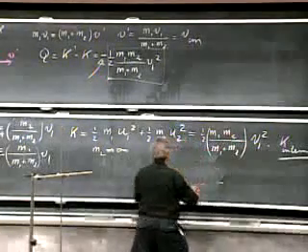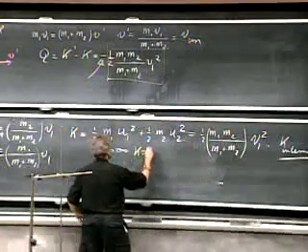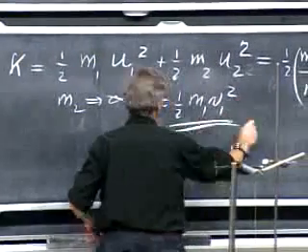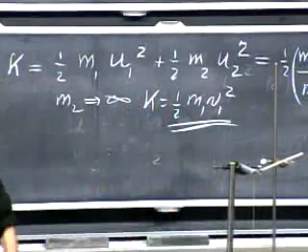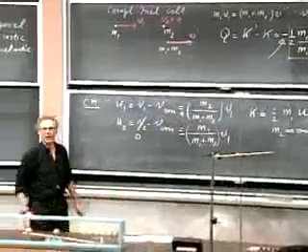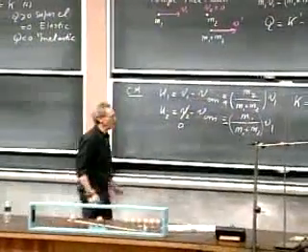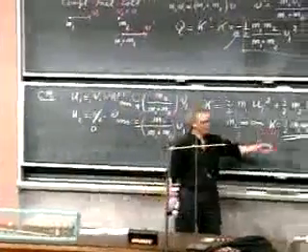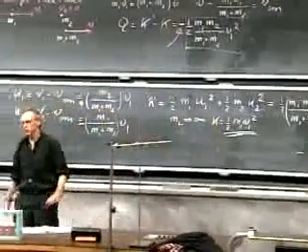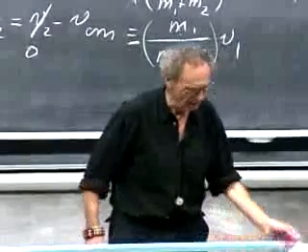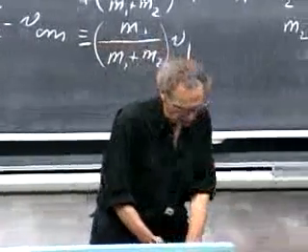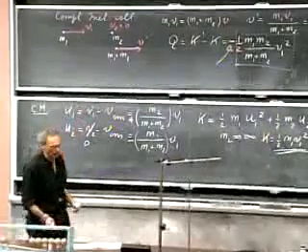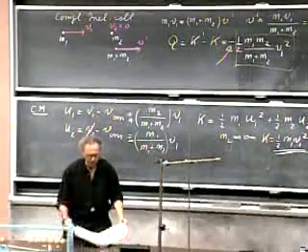You get 1/2 M1 V1 squared. And that's obvious. That's completely trivial. I have a piece of putty. I slam it against the wall. It has a certain amount of kinetic energy. Whether you sit in your reference frame or in the reference frame of the center of mass, it's immediately obvious that all the kinetic energy is lost, and that's exactly what you see comes out of these equations, whether you go to the center of mass or whether you do it from the laboratory frame.